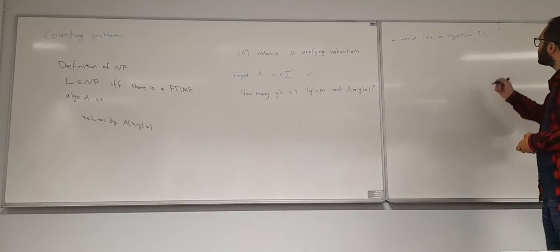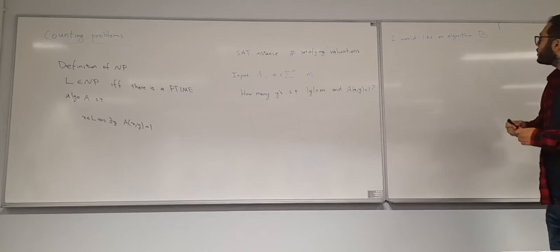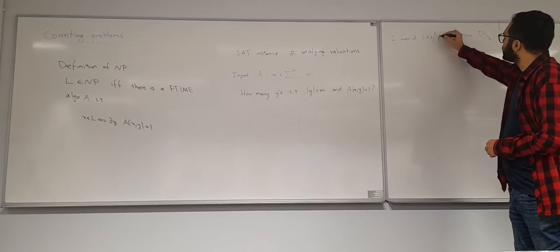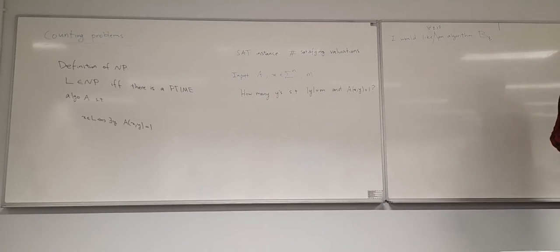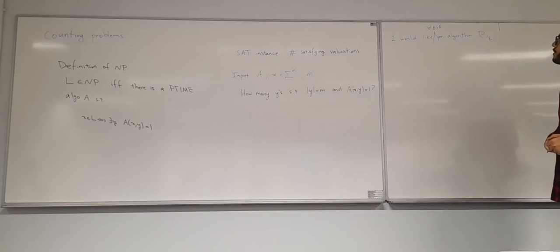So let's say I have that here too. I want, for any epsilon greater than 0, an algorithm called b epsilon. Now, b epsilon gets these things as its input. And what do I want b epsilon to do? Well, I want the output of b epsilon, whatever answer it has, to be within epsilon of the actual answer.